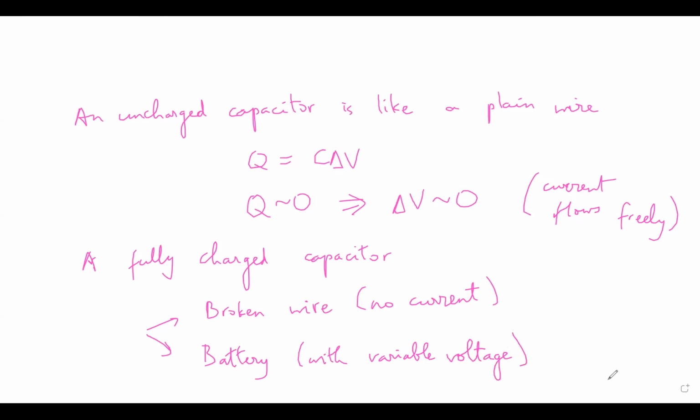This is probably the better description because you won't make any mistakes of thinking that because there's no current, there's no voltage. There is definitely a voltage across the capacitor because, again, we have Q is equal to C delta V. So as long as there's charge, there is a potential difference across the capacitor. And this potential difference can drive a current if there is a discharge circuit available, or if we are still in the charging mode, then this voltage will fight against any current that tries to go through and basically stop it.